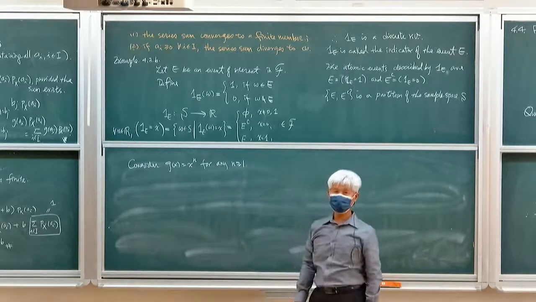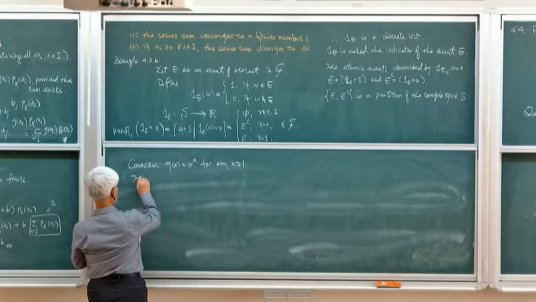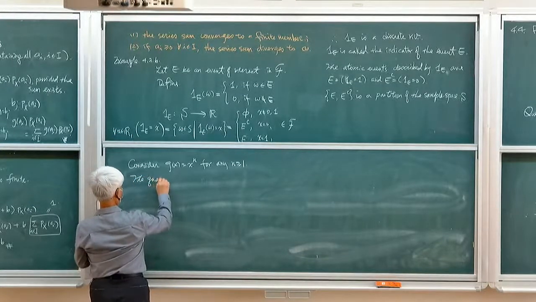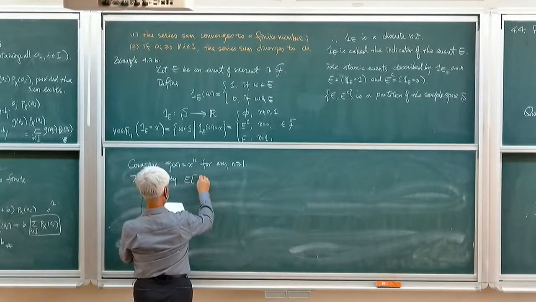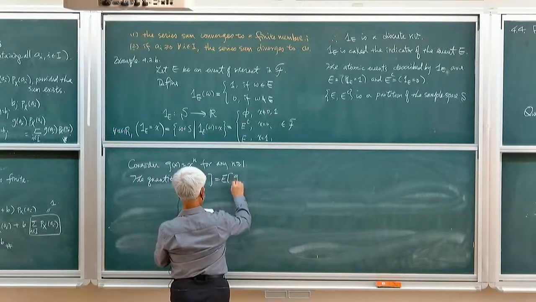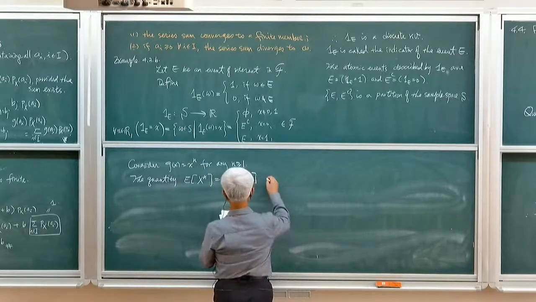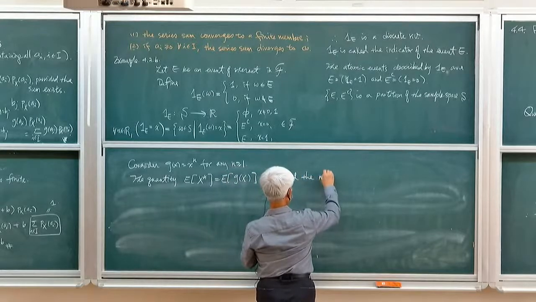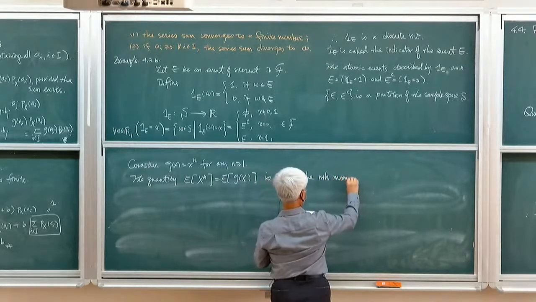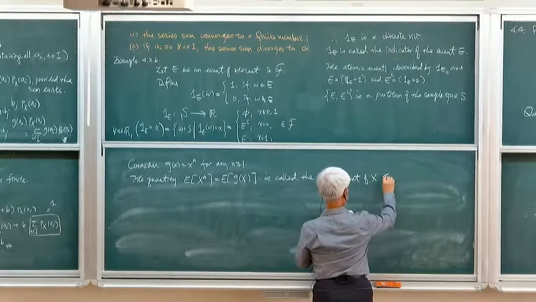The quantity expectation of x^n, which is the expectation of g of x, is called the nth moment of X, if it exists.